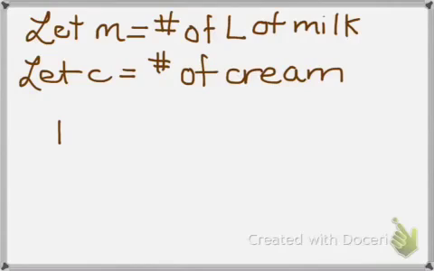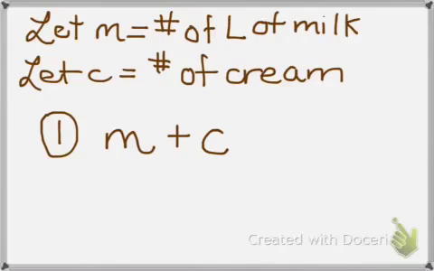So for equation 1, we have how many liters of milk. Remember, we let our M stand for the amount of liters of milk. So M plus the amount of liters of cream, which we said was C. So M plus C, and the question tells us we want to get 20 liters of 6% cream. So M plus C equals 20.